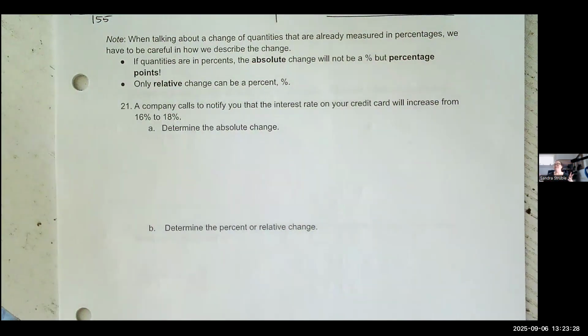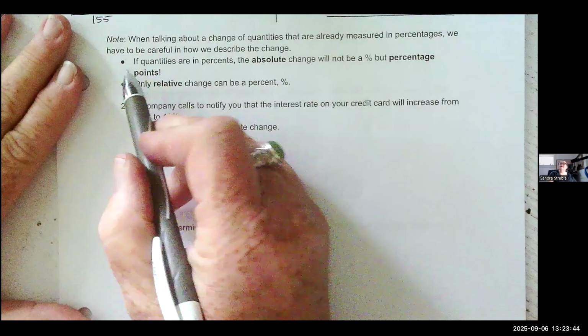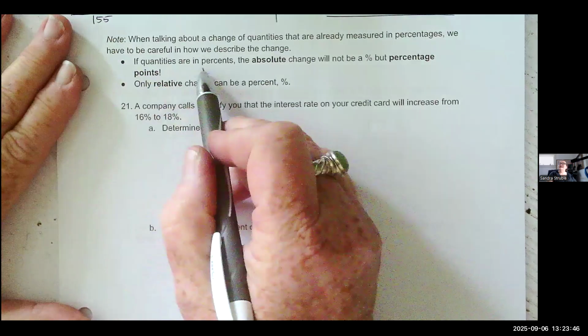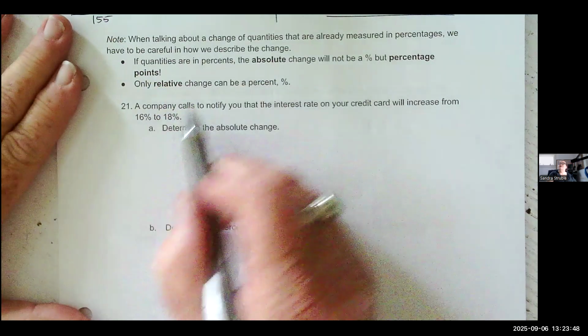Relative change will always be percent. That won't change. The one and only time that you need to worry about absolute change is when you have a percent in the original values. And that's what we're going to talk about next.